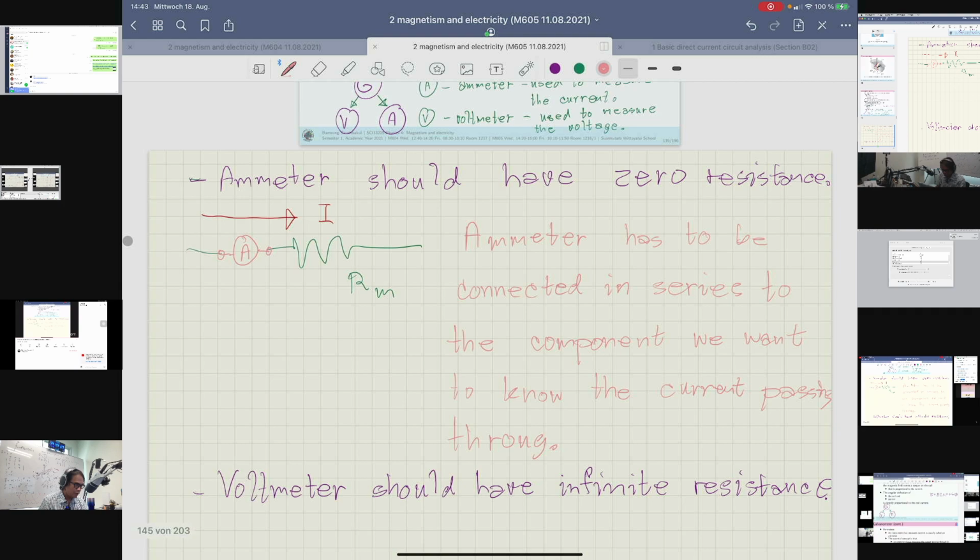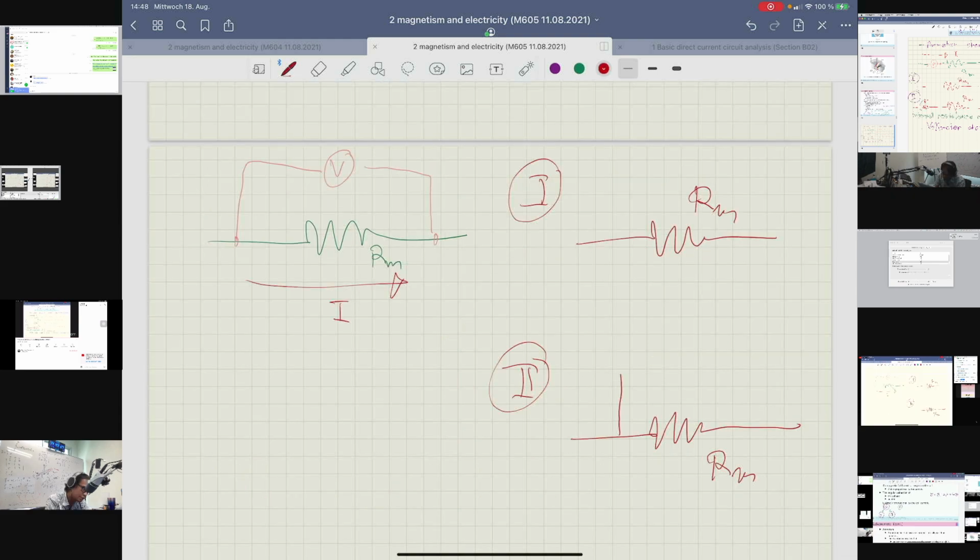And when you put the voltmeter across resistor Rm, you would have an additional resistor, the red one, because this one represents the internal resistance of the voltmeter.